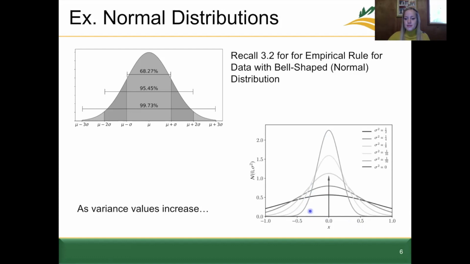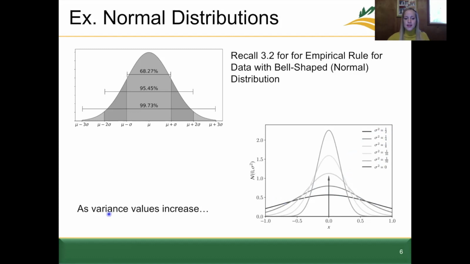So for example, for a variance of 1 over 32, it would be this very thin distribution here. So 1 over 32 is a small number. 1 over 2 would be 0.5. That's greater than 1 over 32. So for a variance value of 1/2, it's going to be a wider spread for the normal distribution.